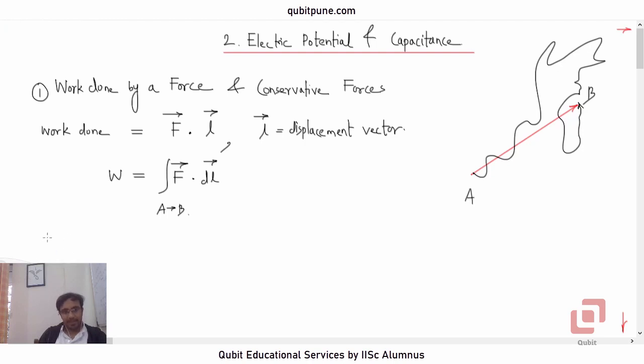Okay, so let me write down examples of conservative forces. Examples of conservative forces are gravity, then Coulomb force, which is part of Lorentz force, and so on.